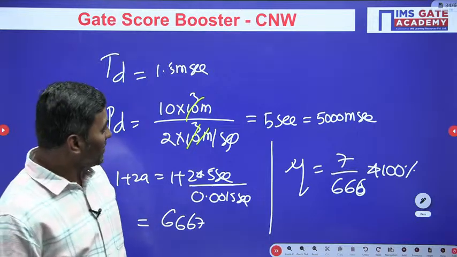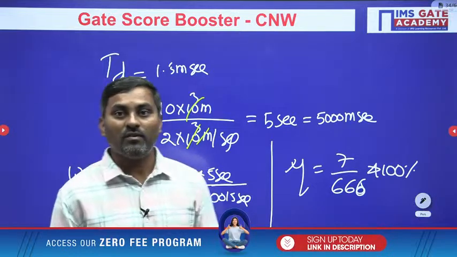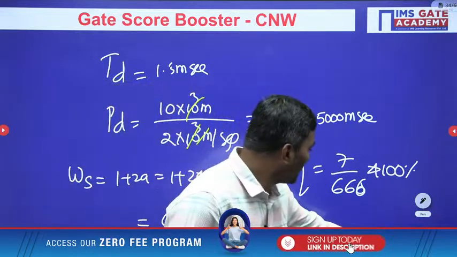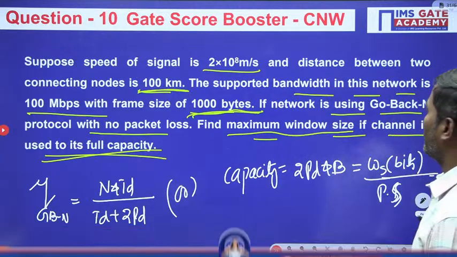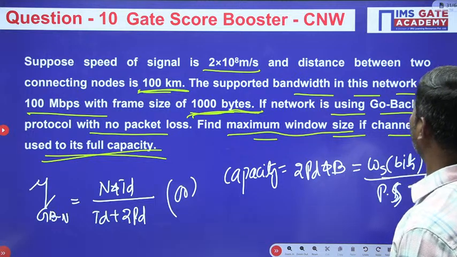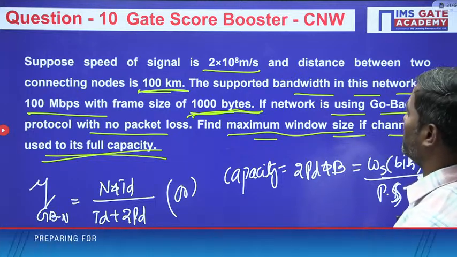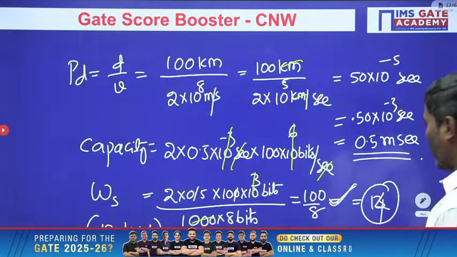JP, why 700 here? Okay, this value you got right, okay.